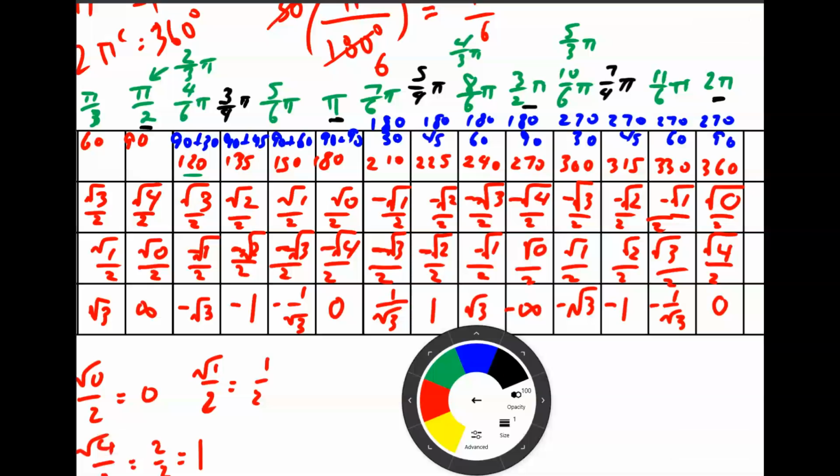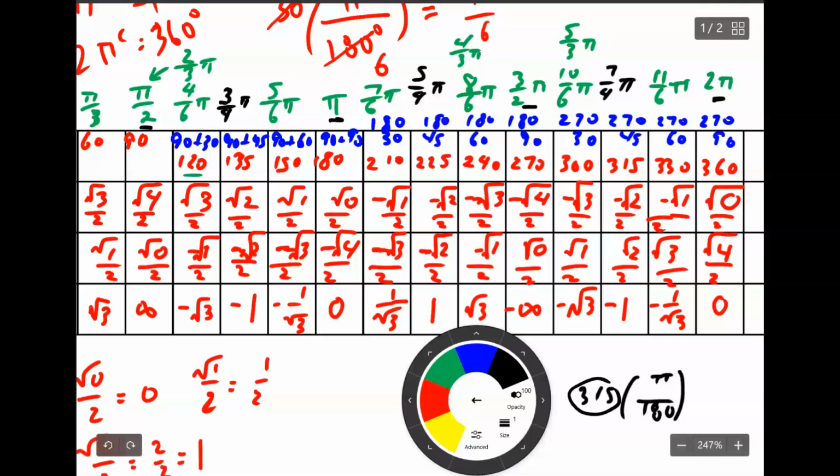Okay, so now we filled in all the conversions to radians, but you could also do the conversion to radians by taking the original, like 315 degrees, and multiplying it by pi over 180. Okay, and then you could say, oh, this is a multiple of 15. How many 15s go into 315?